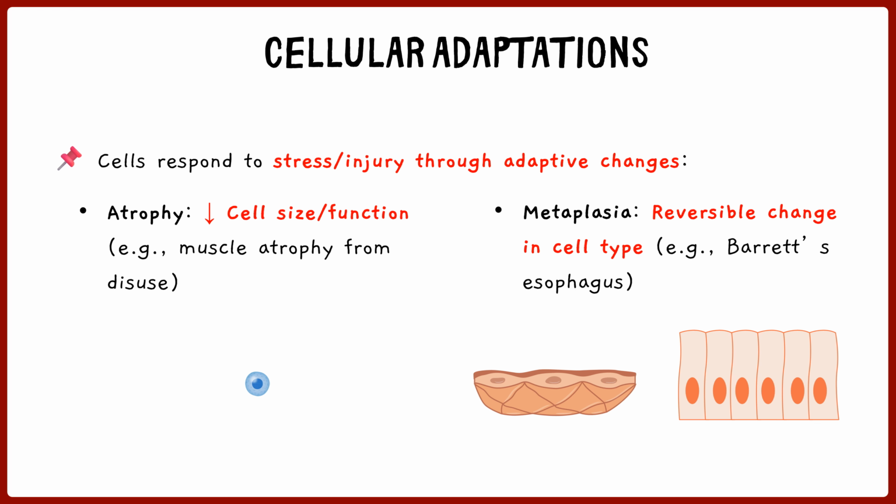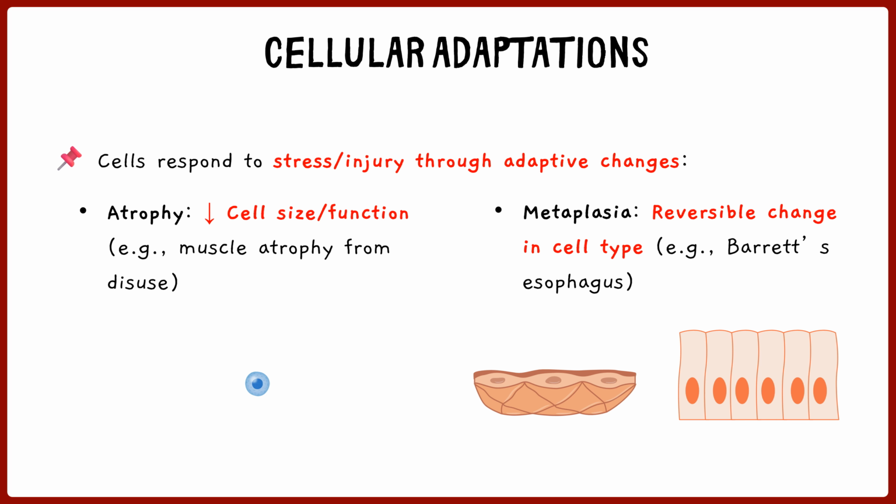Why? Because this change is going to be making it more functional because it's able to withstand this acid that's entering it, because that is not a normal place for the acid to be. So the thing about metaplasia is that it is reversible, and that is why it's physiological, even though it can lead to pathology.